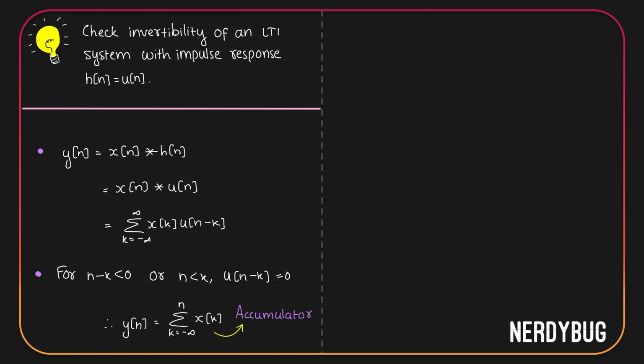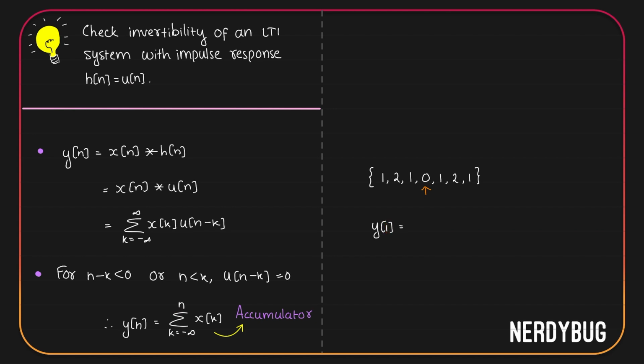Let's assume we have a sequence like this: 1, 2, 1, 0, 1, 2, 1. And the zeroth term is 0. If I want y of 1 according to this condition, all I have to do is add all x of k for k from minus infinity to the n I want. My n here is 1.